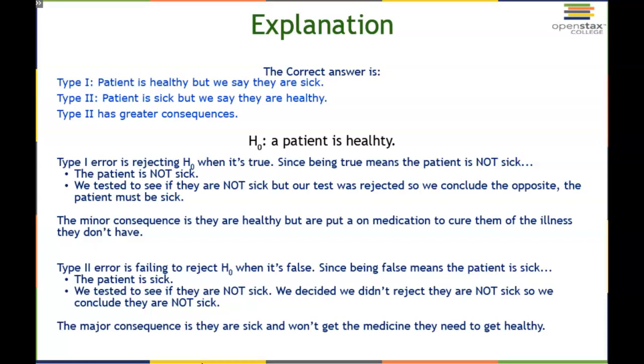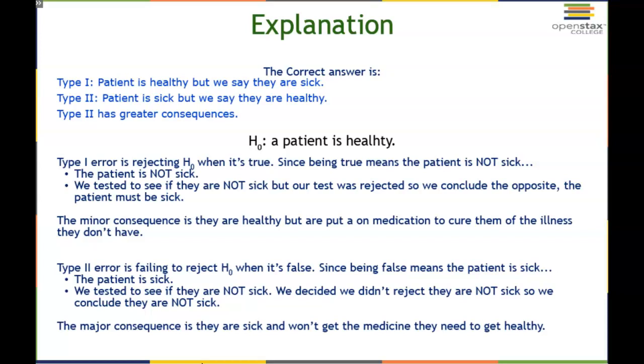Since H0 is true, it means the patient is not sick. We tested them to see if they're not sick, but our test was rejected, meaning that we conclude the opposite, that the patient must be sick. That is a type 1. The patient is not sick, but our test says they are.